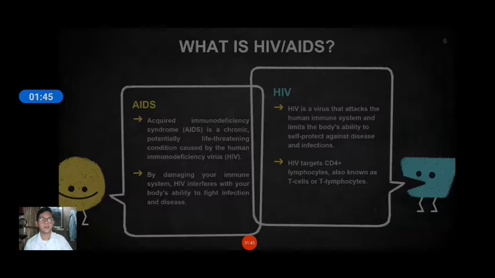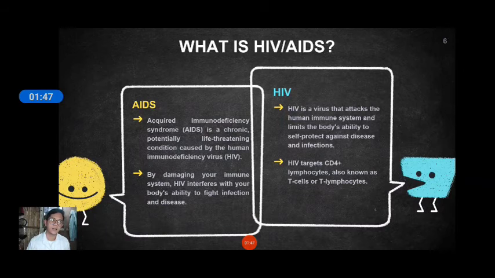So now let's talk about what is HIV and AIDS. So acquired immunodeficiency syndrome or AIDS is a chronic, potentially life-threatening condition caused by the human immunodeficiency virus. By damaging your immune system, HIV interferes with your body's ability to fight infection and disease.